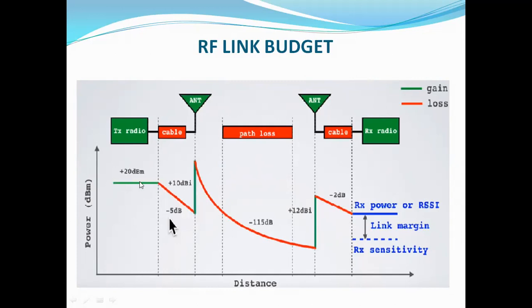This transmitted signal passes through cables with a number of connectors. There may be mismatch, so there will be some losses, marked in red. Then the transmitting antenna has a power amplifier, amplifying the power level up to this much. Now the signal is transmitted through the antenna into the medium, passing through the atmosphere to reach the receiver.